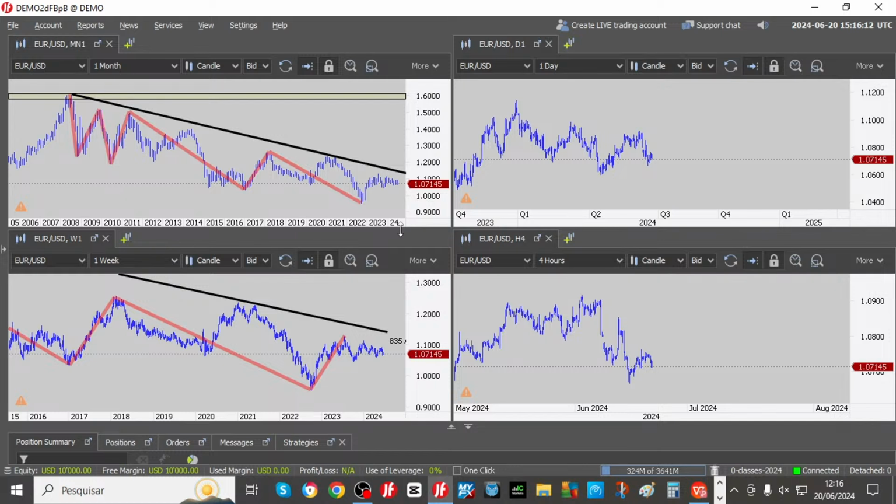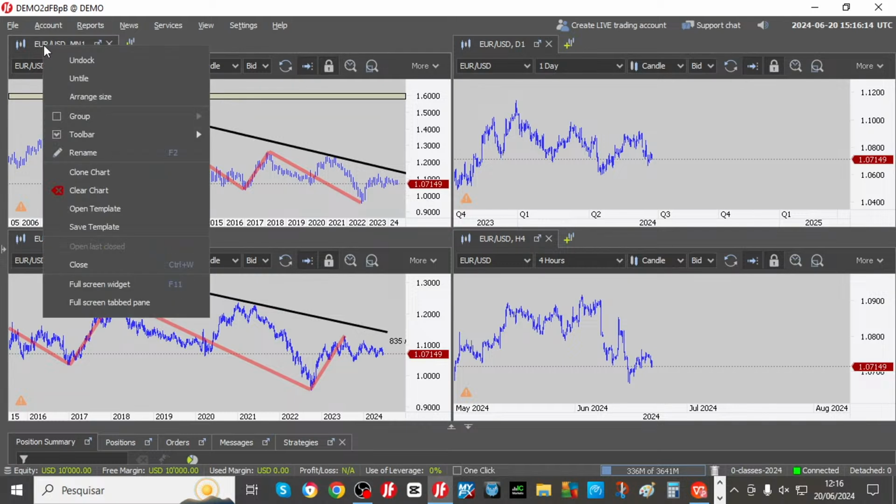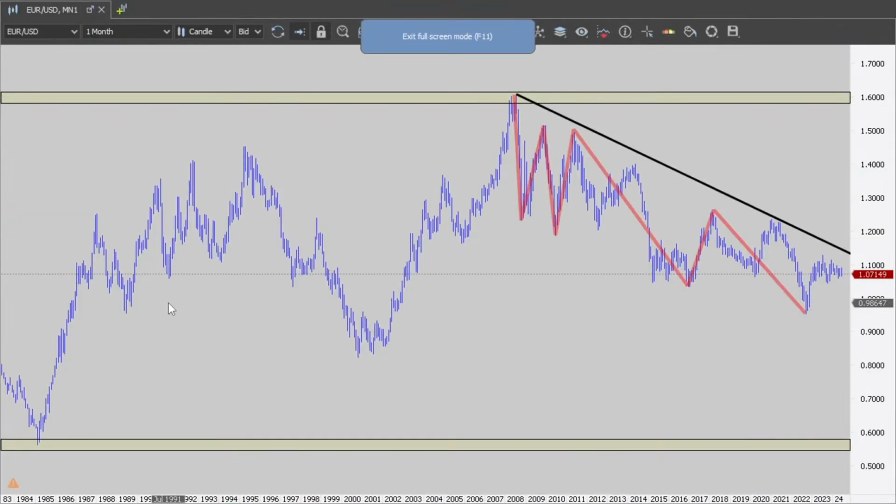So can you please show us how to maximize? It's right click and it's full screen. Can you see the last one here, Sam? Full screen tabbed panel, and you left click. But on JForex 4 you need to press F11.